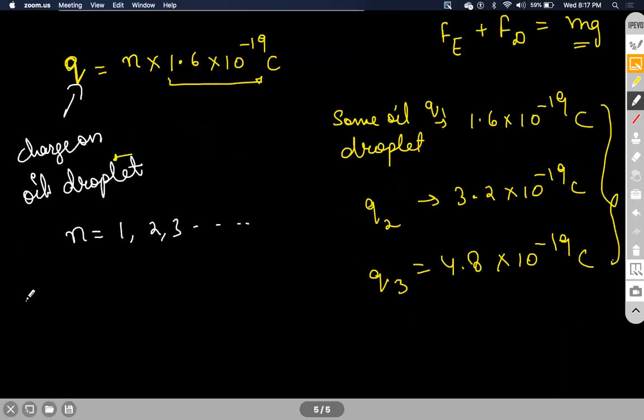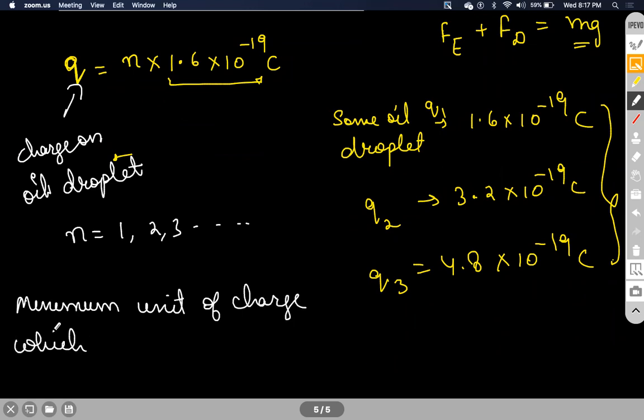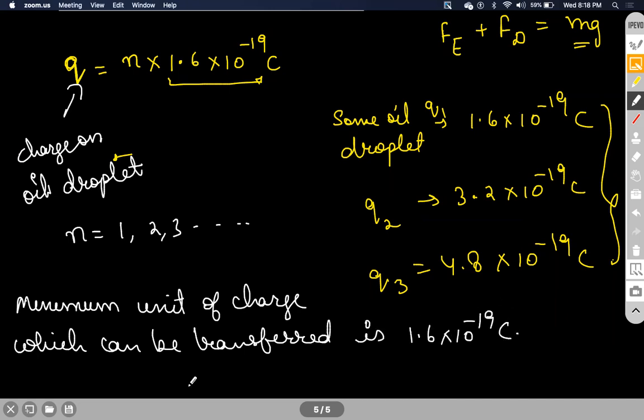The minimum unit of charge which can be transferred is 1.6 into 10 to the power minus 19 coulomb, and that is how the one electron charge was given as 1.6 into 10 to the power minus 19 coulomb.